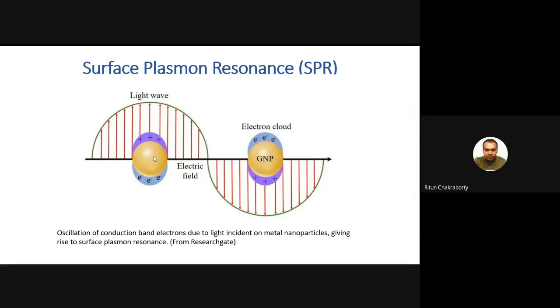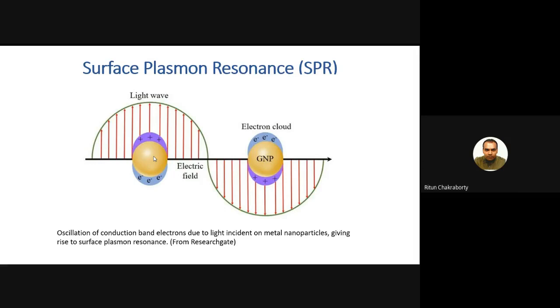Because of this separation, there is a Coulombic interaction between the positive and negative charge, and because of this Coulombic interaction, there is an oscillation of the electrons. So why do electrons oscillate? Because electrons are lighter in mass. Electrons are very light particles, very small mass, right?